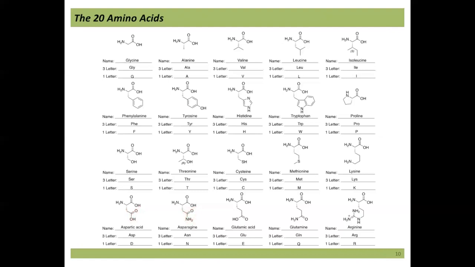Then we have these relatives to aspartic acid, has 1 additional carbon. So it's referred to as glutamic acid. So G comes after A, so glutamic acid comes after aspartic acid, and it has an additional carbon there.